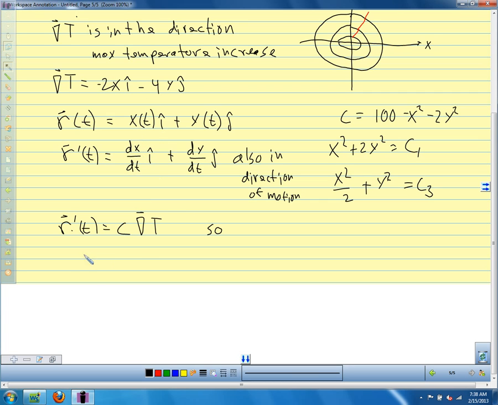So minus 2xi, and it doesn't matter which side I put the constant on. I put the constant here. It could be on the other side. So I'm going to say minus 2xi minus 4yj equals some constant. I know I switched it around here. Some constant times dx dt i plus some constant times dy dt j.